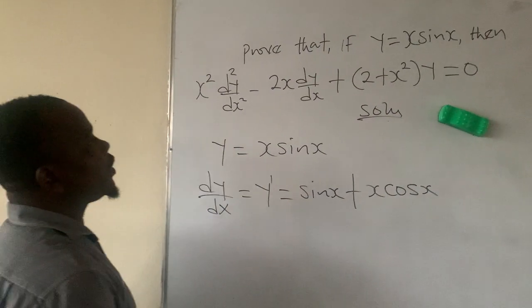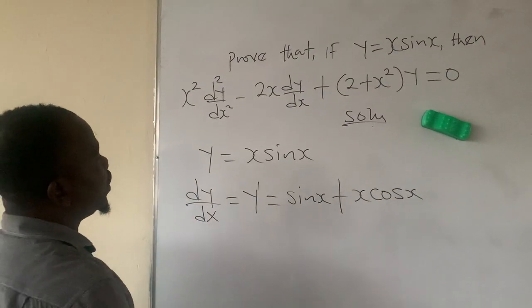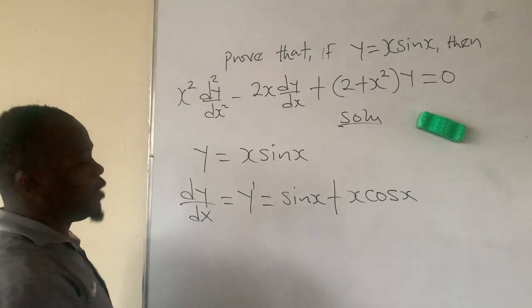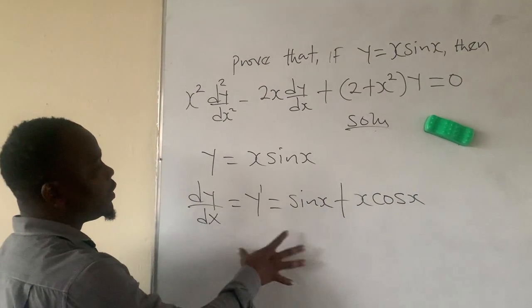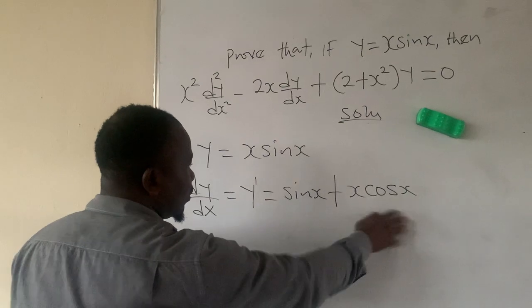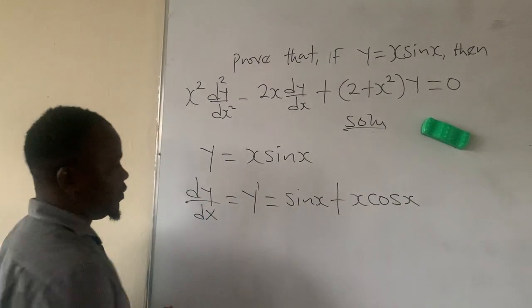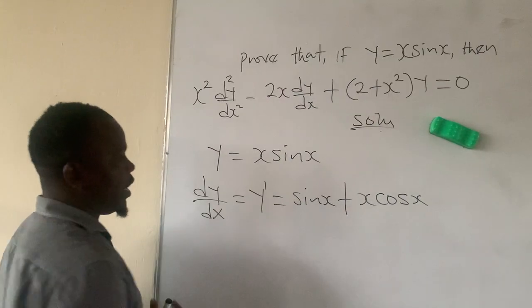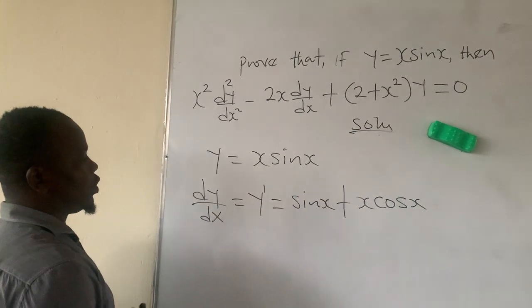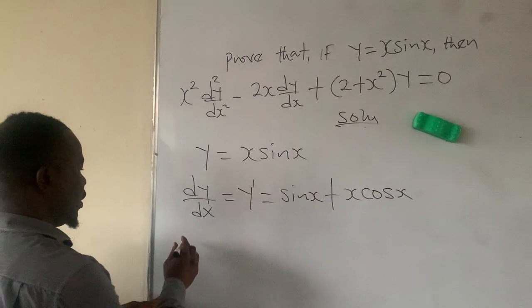You know that this equation is up to second order. It implies that you are still going to differentiate this first derivative with respect to x. So we are going to differentiate this function.